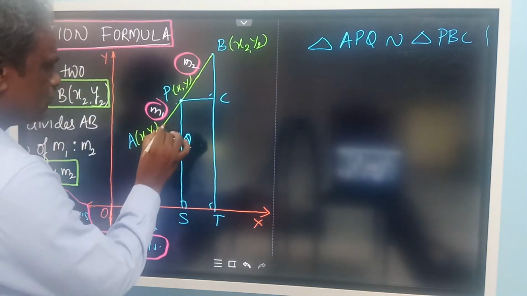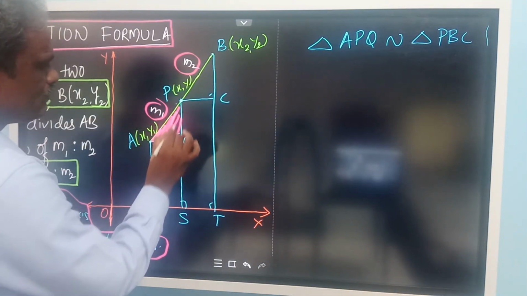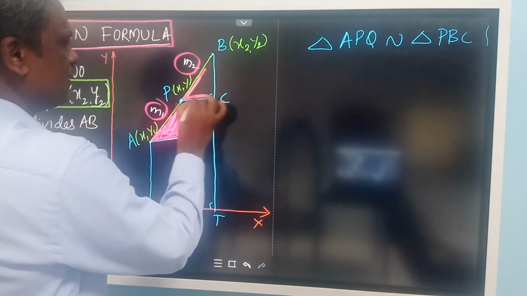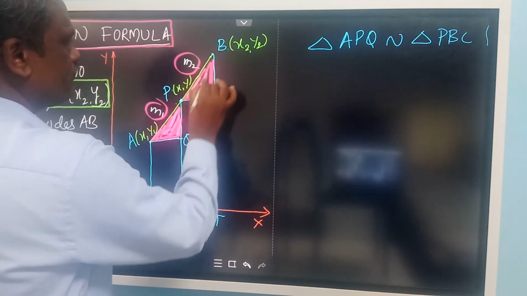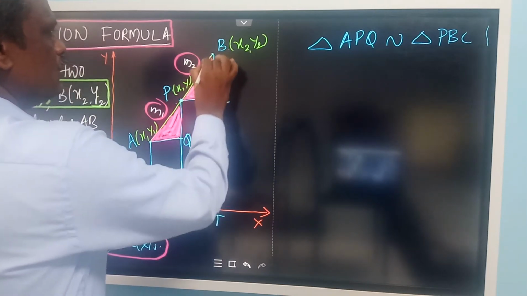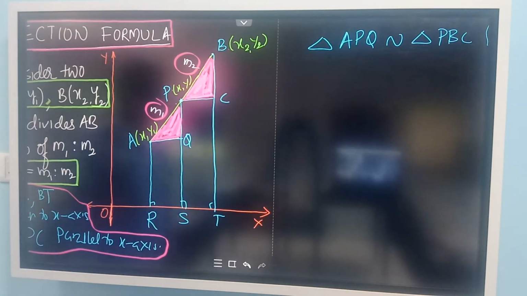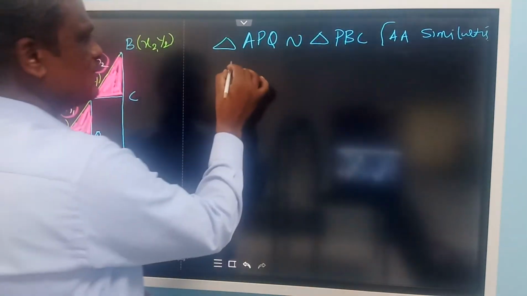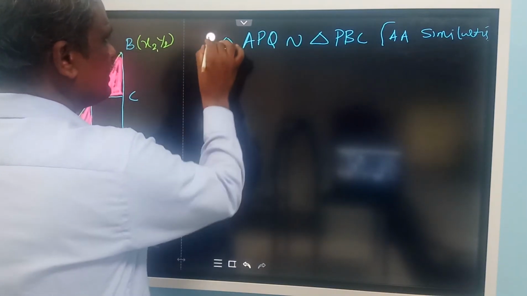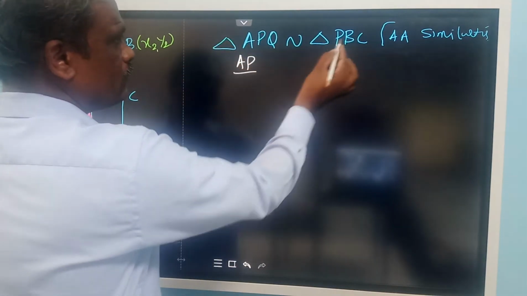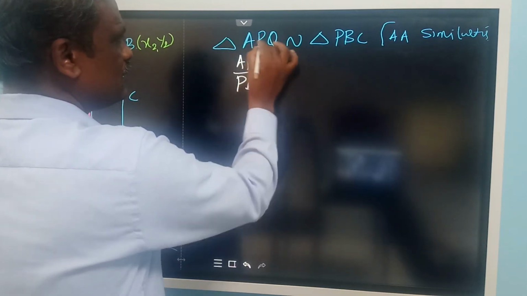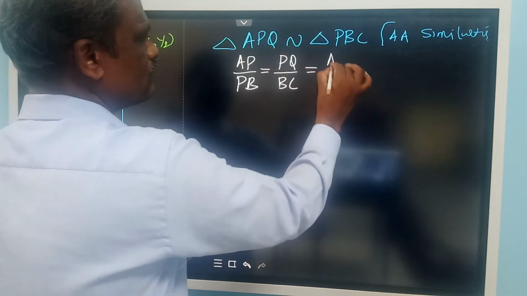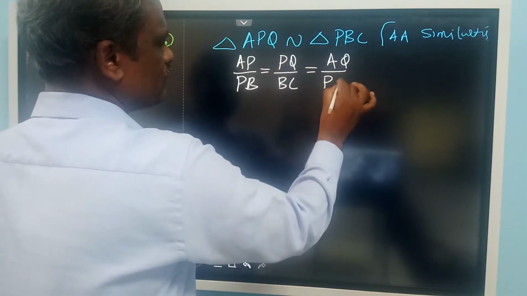So you have proved that these two triangles are similar. If they are similar, you can write the corresponding sides proportional. AP by PB is equal to PQ by BC is equal to AQ by PC.